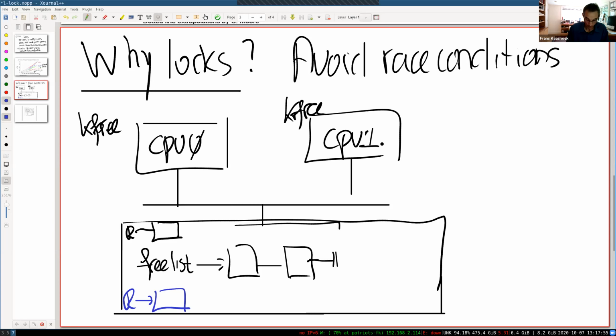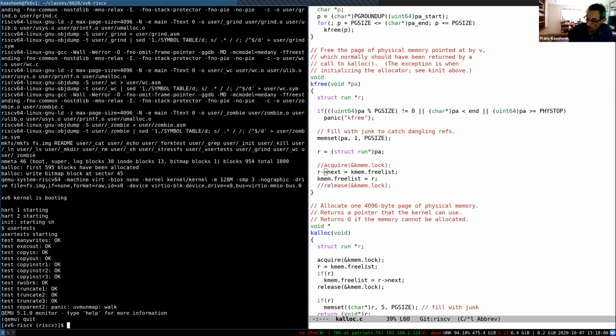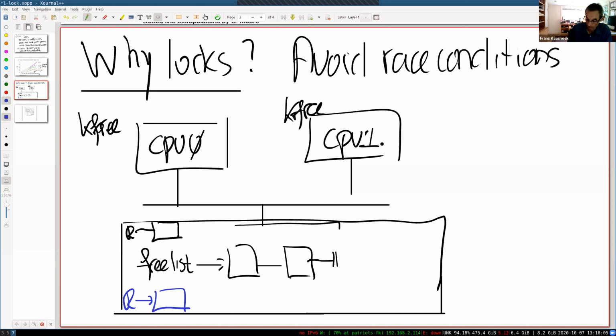So we look back at the code. The first thing they do is update R's next to point to the free list. Let's assume CPU 1 runs first, and it puts its pointer to wherever the free list is pointing.